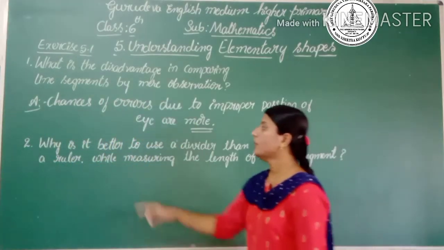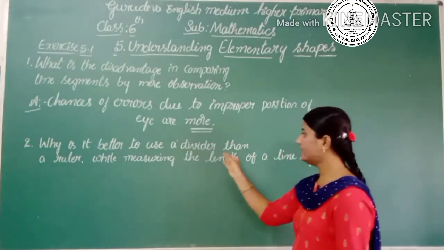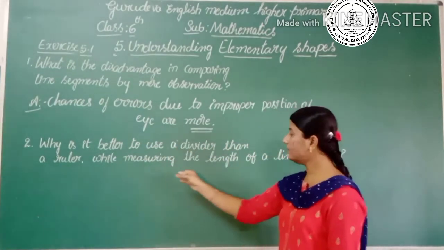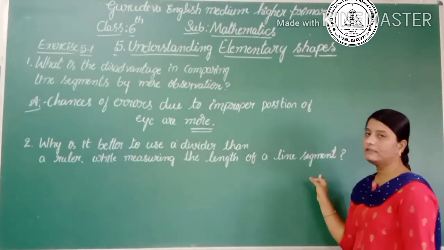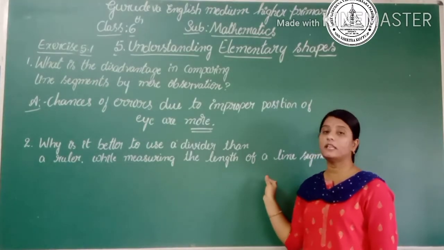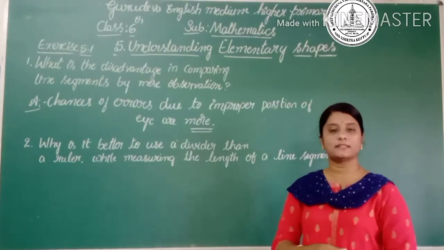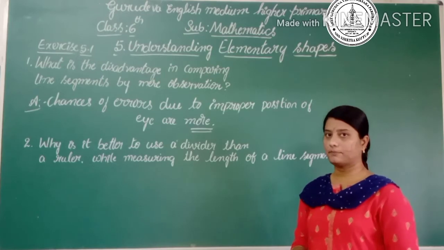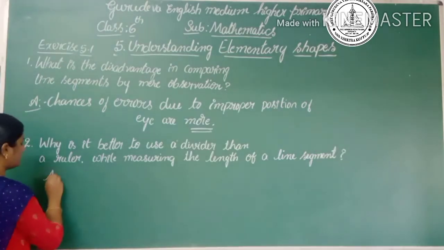Okay, then the question: why is it better to use a divider than a ruler while measuring the length of a line segment? If we use the divider, we will get the accurate measurement of the line segment. Okay, so then write the answer here.